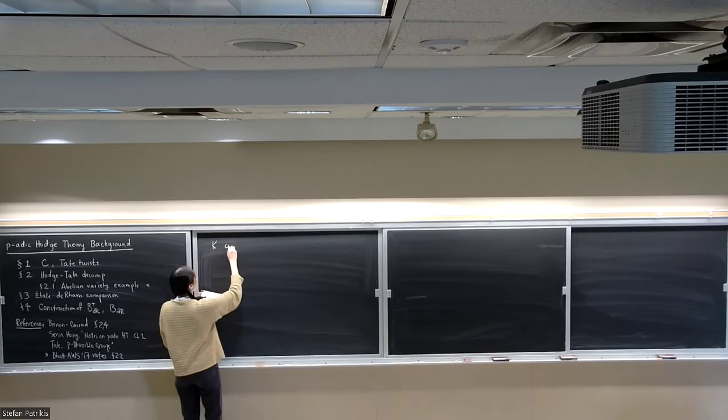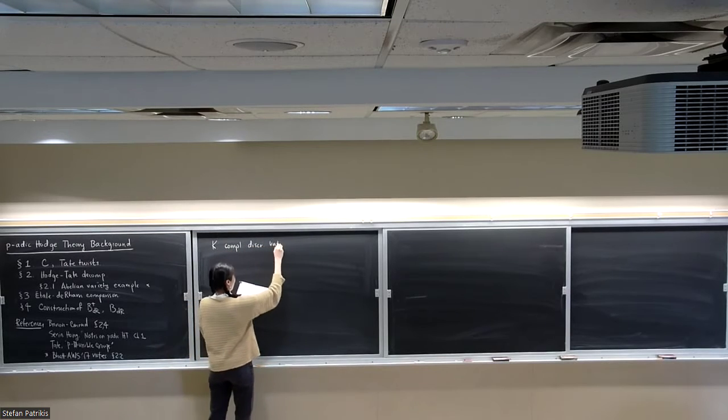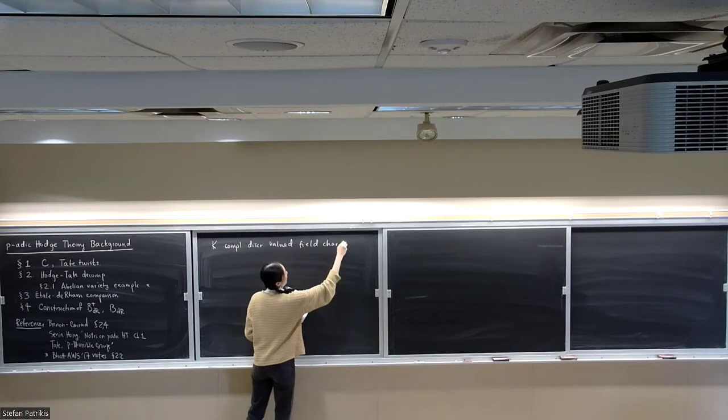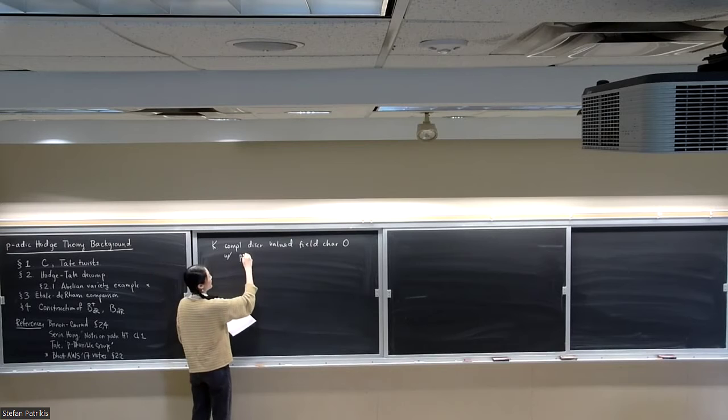K for this talk will be a complete, discretely valued field of characteristic 0 with a characteristic p perfect residue field.